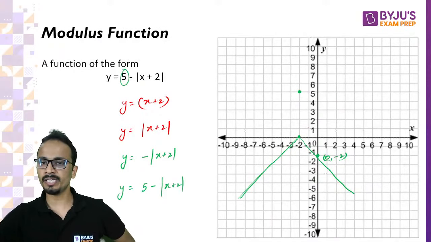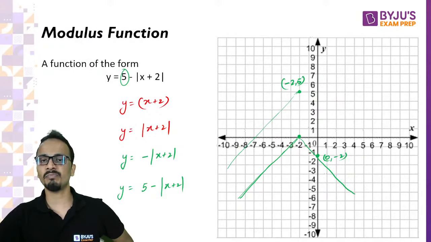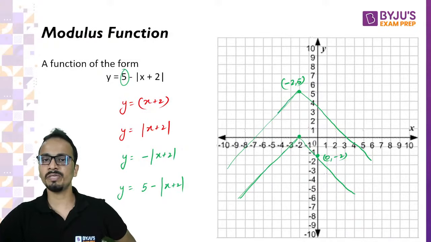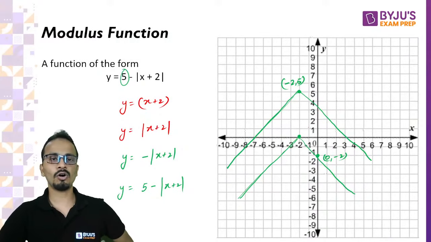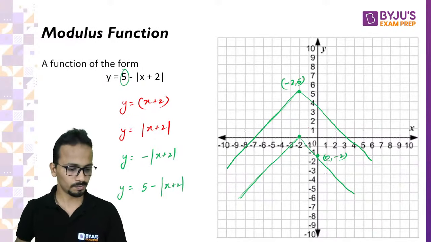This point, minus 2 comma 0, will become minus 2 comma 5, and the graph will shift upwards by 5 units. It will be drawn parallel to the original graph, but shifted upwards by 5 units. So this will be the final graph of y equal to 5 minus modulus of x plus 2.